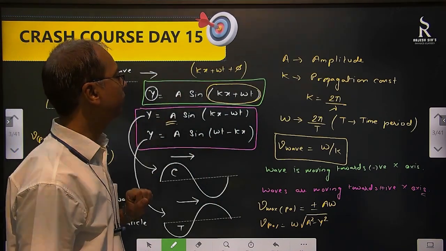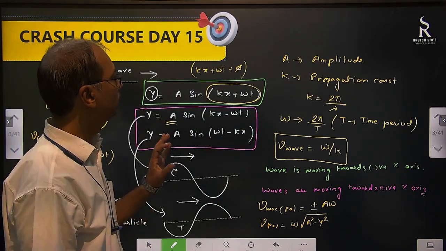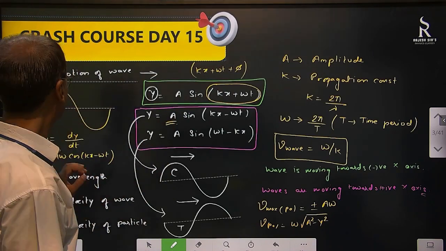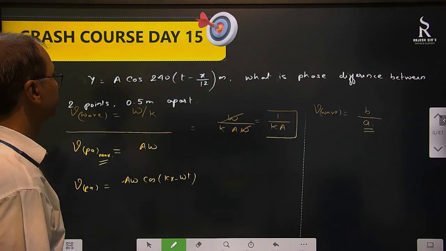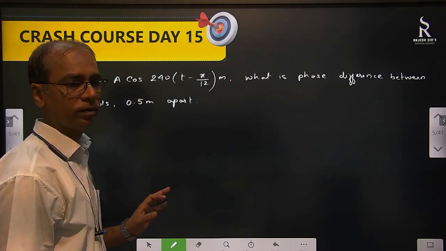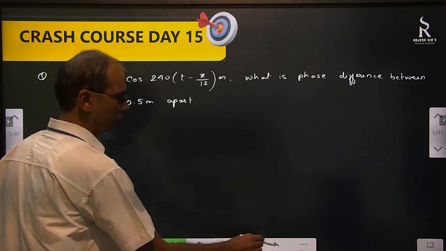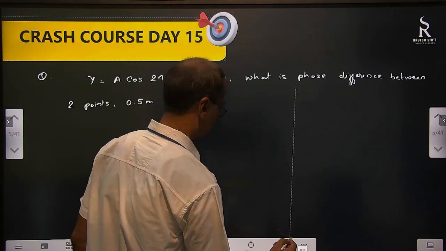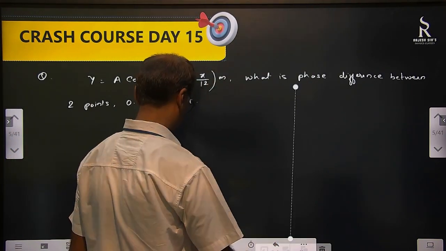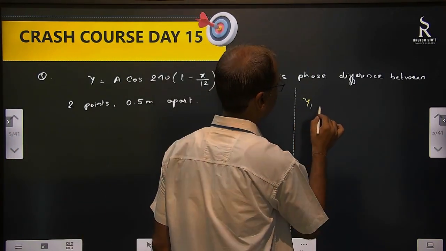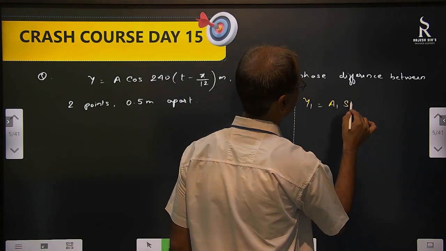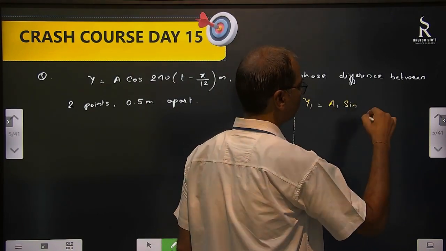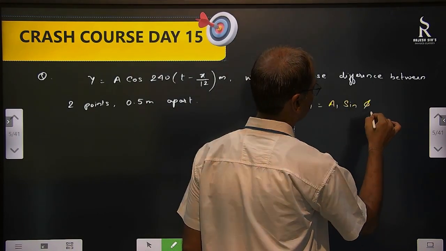So if I have to find the phase difference between two waves, what do you do? I'll just show you that. Two waves I am writing first. y1 equal to A1 sin, and suppose that entire thing I am writing as phi 1.